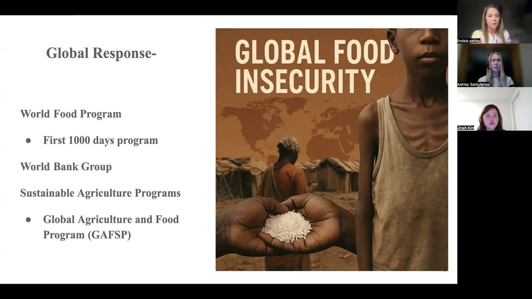And then last, we have the Global Agriculture and Food Security Program, which was established in 2010. It provides financing and technical assistance to strengthen agriculture and food systems in low-income countries. This is managed by the World Bank and partner organizations. GAFSP funds projects that build resilience, market access, and climate-smart agriculture while prioritizing gender equality and nutrition.